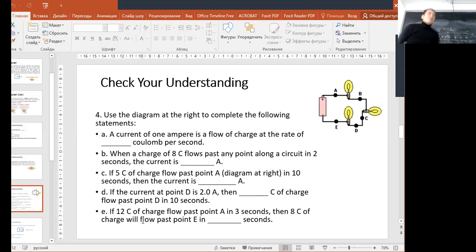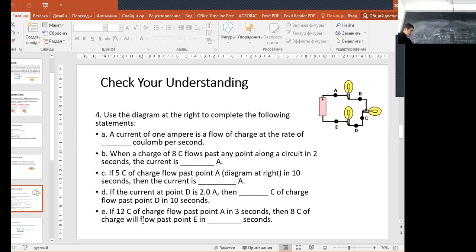At point A, the current is Q divided by T, and at point E, QE divided by TE.